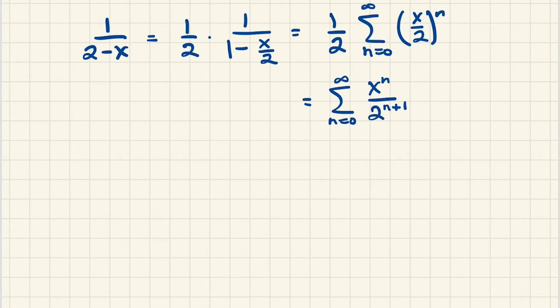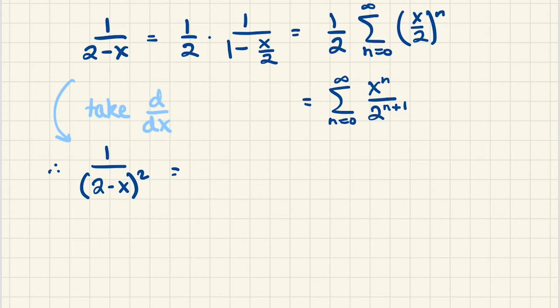So the first derivative of this thing is this. Okay, so we'll take the derivative of this expression here, and we're going to get that the derivative of x to the n is nx to the n minus 1, and this is just a constant.